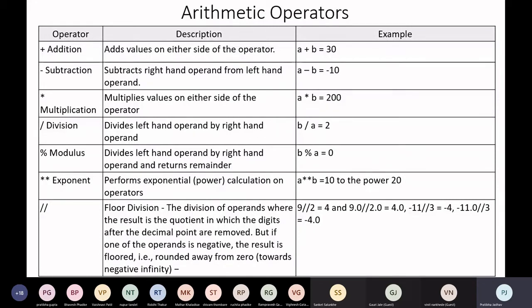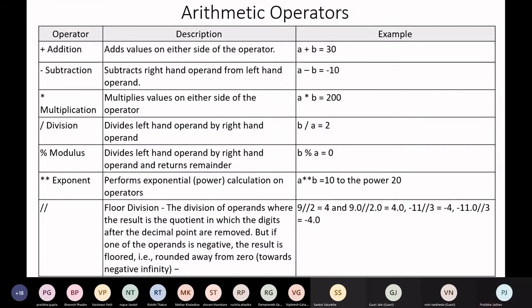Multiplication is used to perform the multiplication operation between the two input data values. The division operator is used to perform the division operation between two input data values. The percentage symbol is called the modulus operator. The modulus operator is used to return the remainder of the division operation performed between the two values.